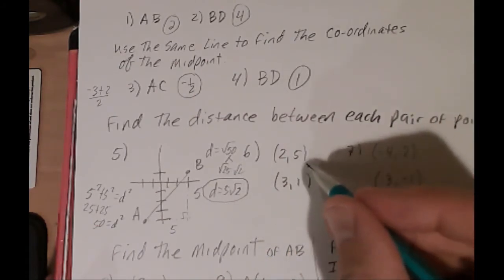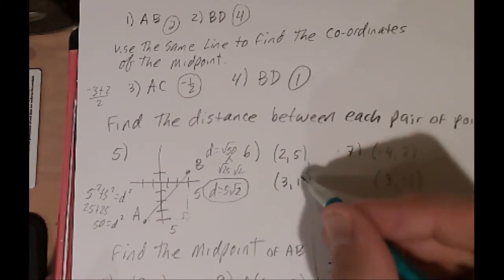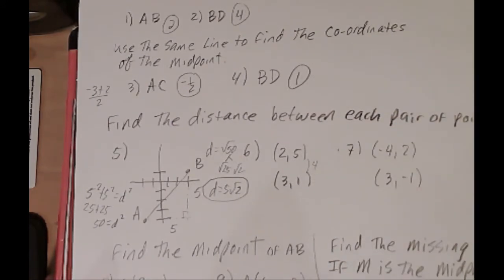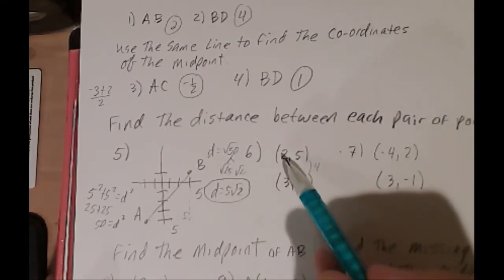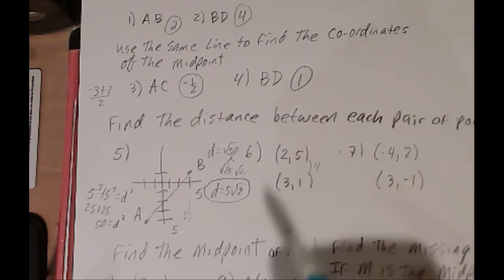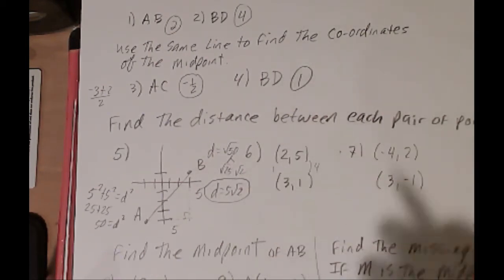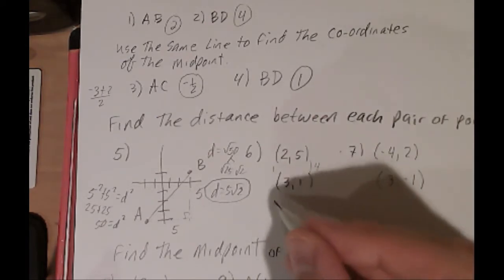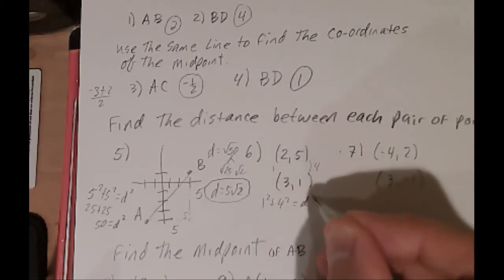So if I look at this distance here between 5 and 1, there's a gap of 4 because 5 minus 1 is 4. And you know, if you subtracted 2 minus 3, you get -1, but you're about to square that anyway. So just do the bigger one minus the smaller one. 4 and 1, you got 1 squared plus 4 squared equals d squared on this one.